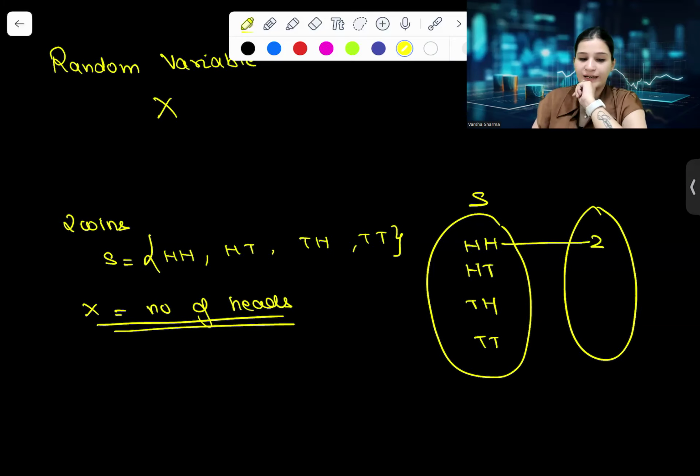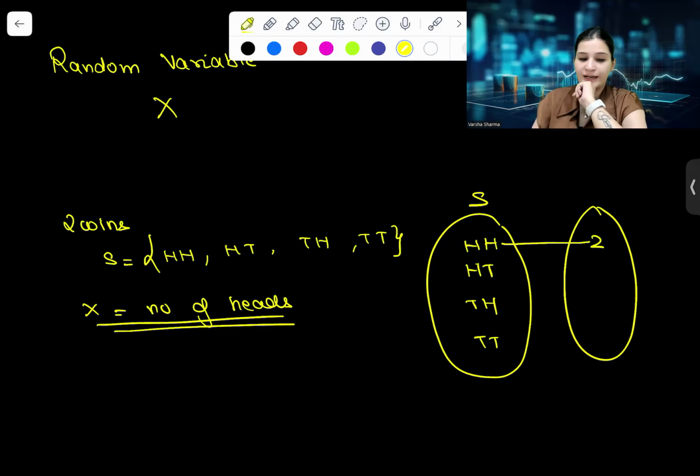So when we want all those concepts here, for example, I want to find the mean. The expected value of X, E(X), also known as mean, also denoted by mu, is the summation of x into p(x). It is the sum of the product of every number with the corresponding probability.